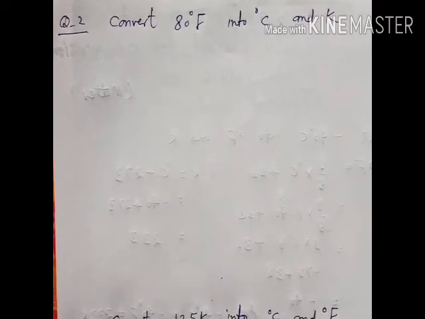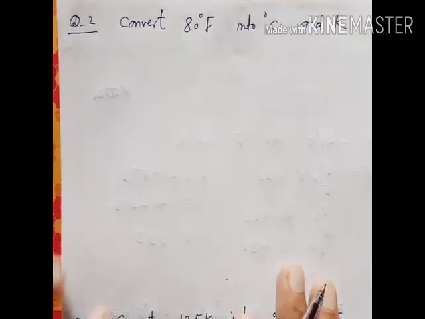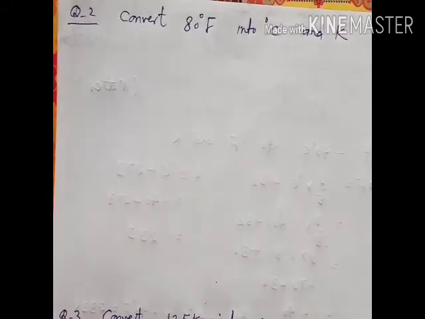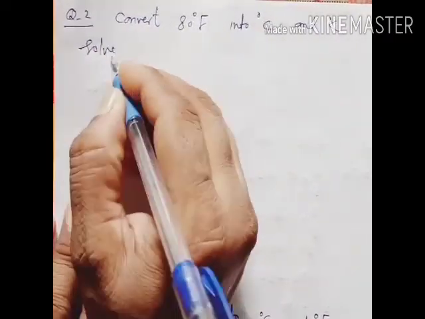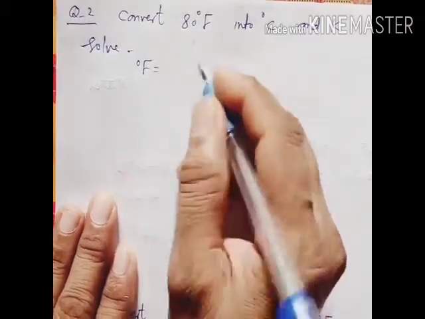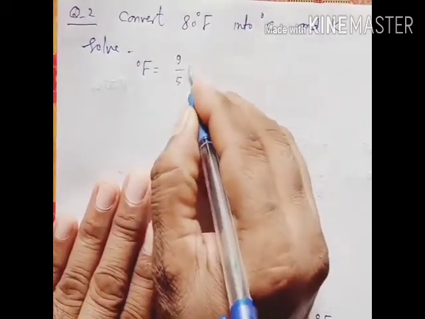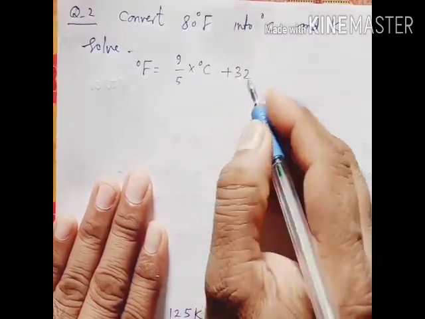Now we have to see, convert 80 degree F into degree C and Kelvin. Temperature in degree F is equal to 9/5 into degree C plus 32.